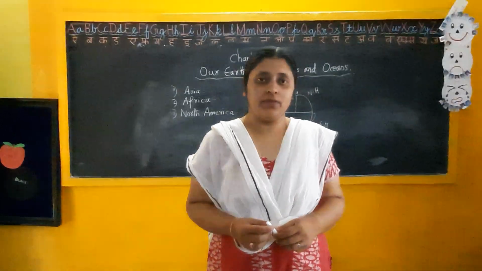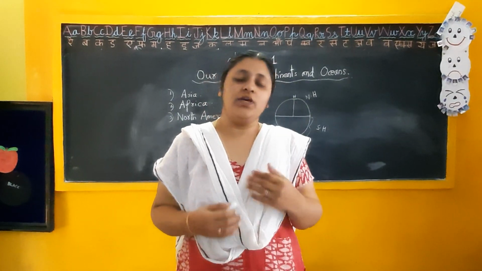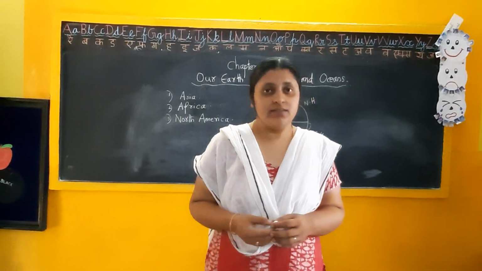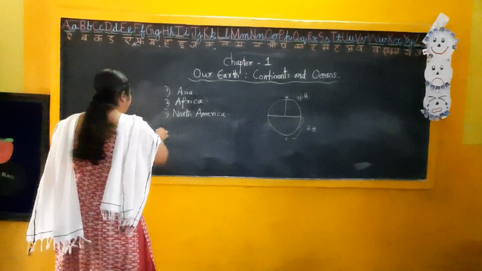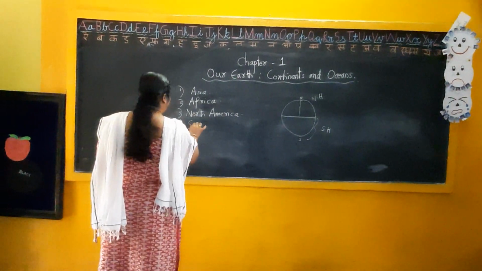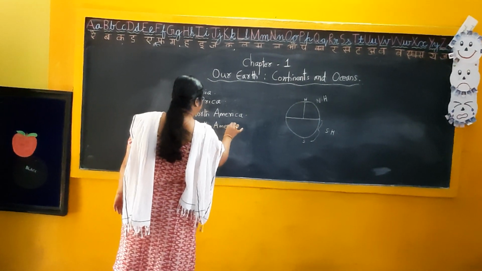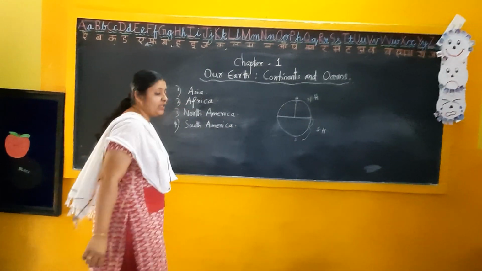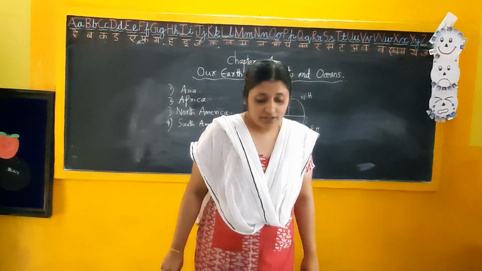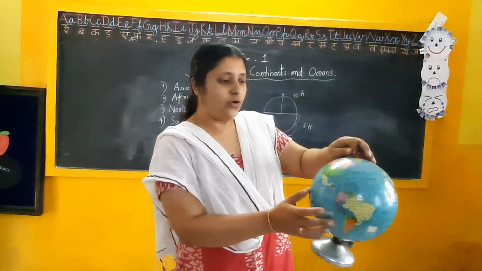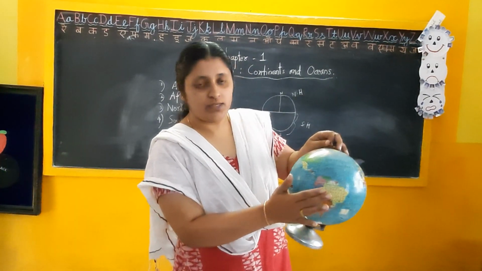Only this much. And the fourth one, now we are going to learn about the fourth largest continent in the world, that is South America. South America is the fourth largest continent. Here, this is North America and this is South America.